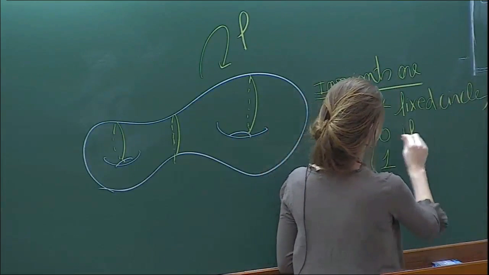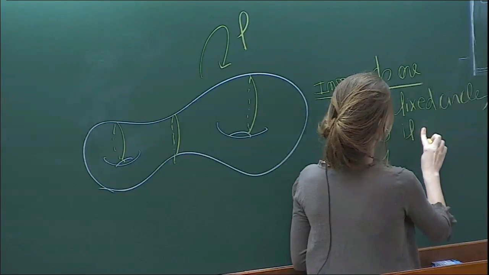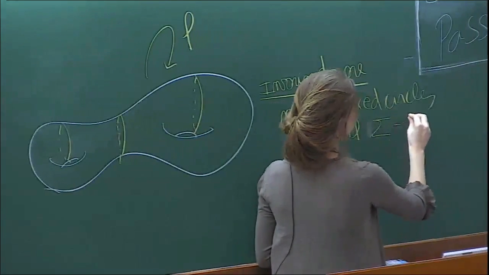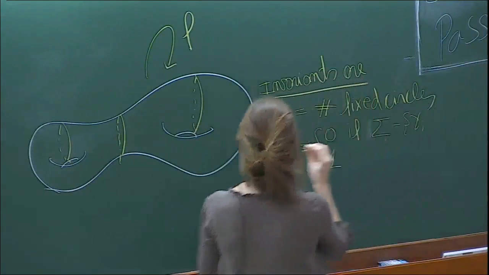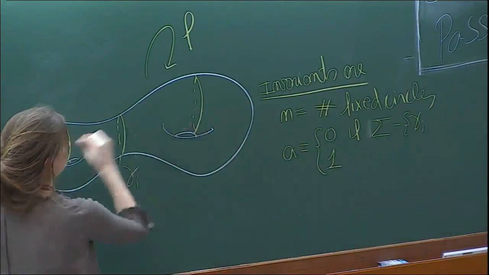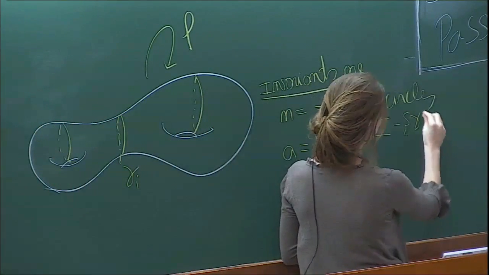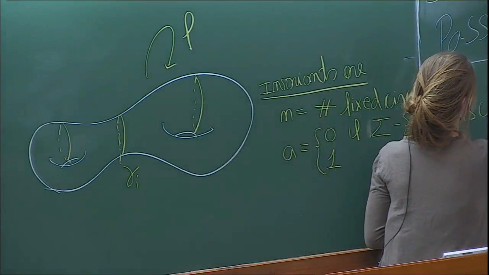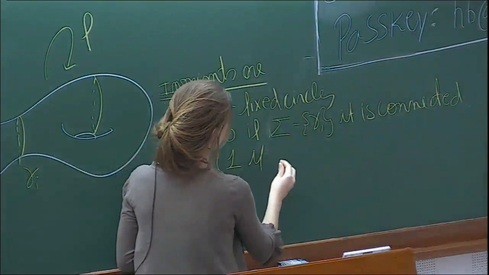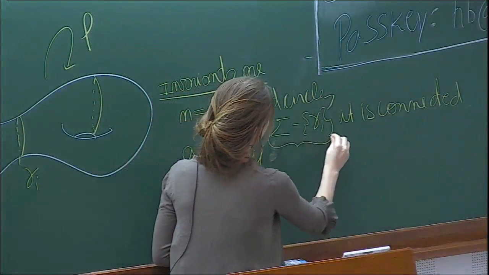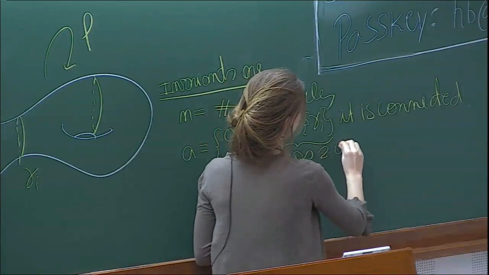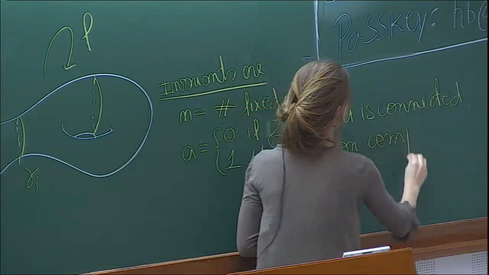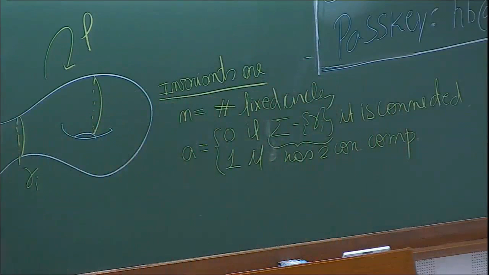It's 0 if, when you take the Riemann surface minus the set of fixed circles, where each of these circles is gamma I, when you take them out, it is connected. And 1 if this thing here has two connected components. So when you take your circles from your Riemann surface, you'll have either a connected space or two connected components.